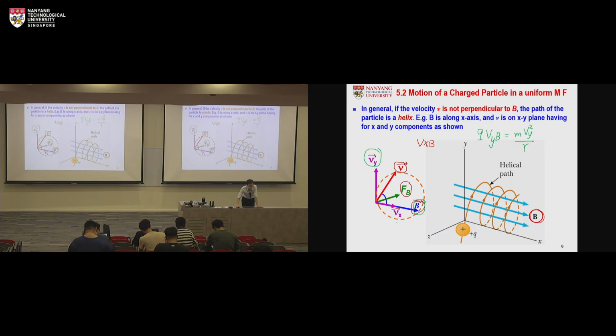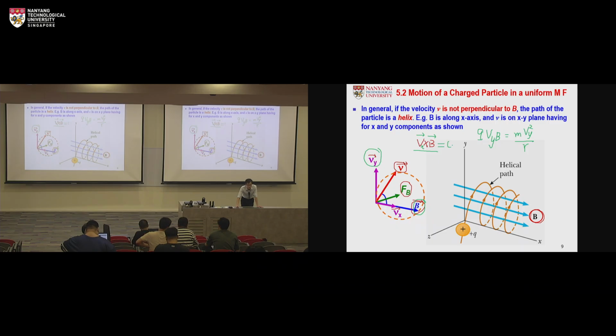Well, for this Vx component, if you consider Vx cross B, what do you have? Vx is parallel to B, so it's going to be sine 0.